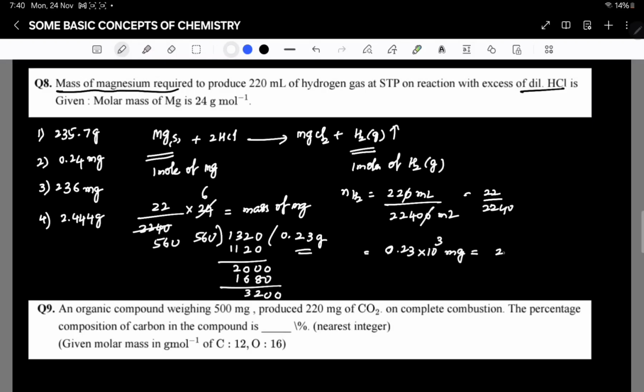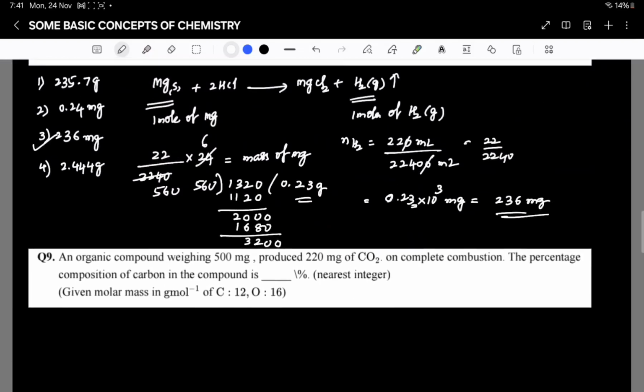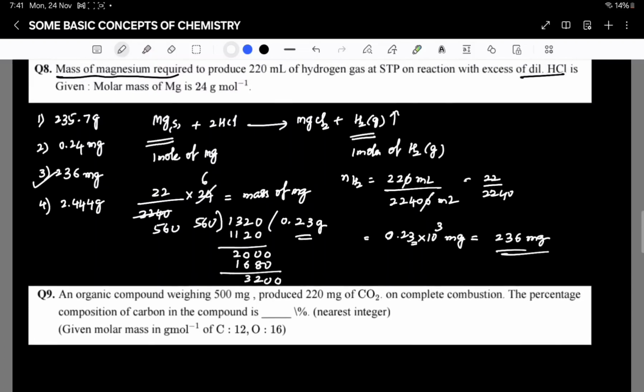So our answer will be 230 something, around 23 mg type. By the given options, option C is the closest to the given answer. Our answer will be 236 milligram, the right answer. So we just did simple Mg, MgCl2, H2 gas only, just basic mathematics.